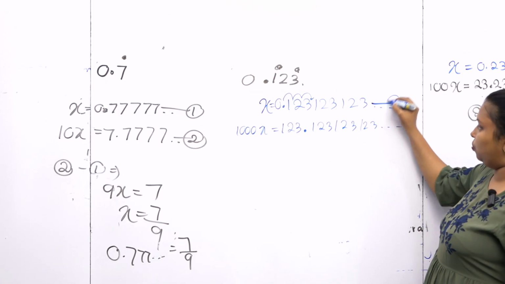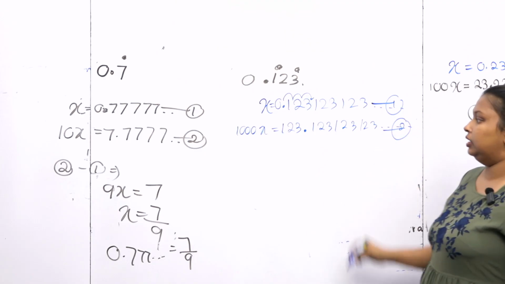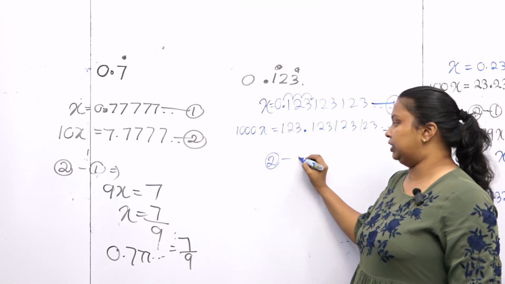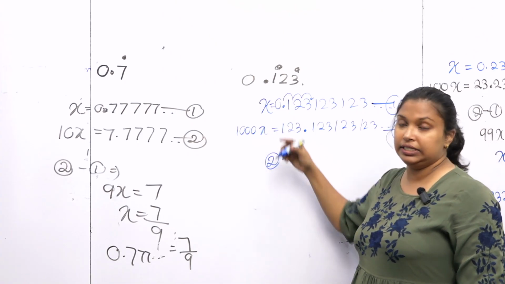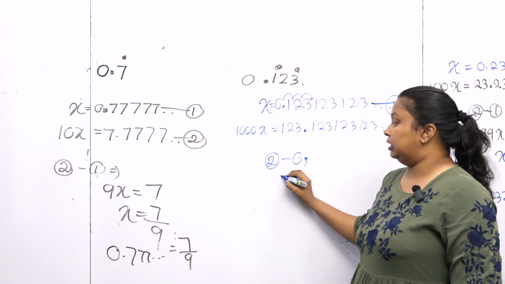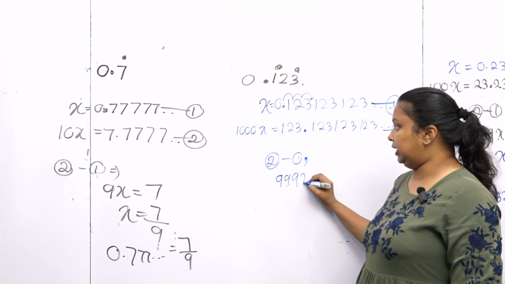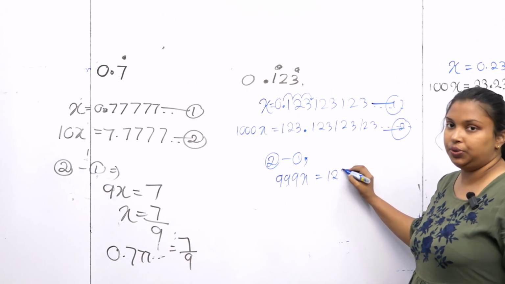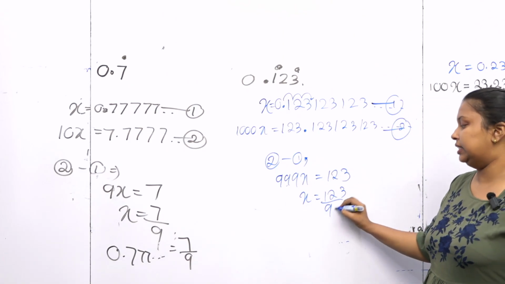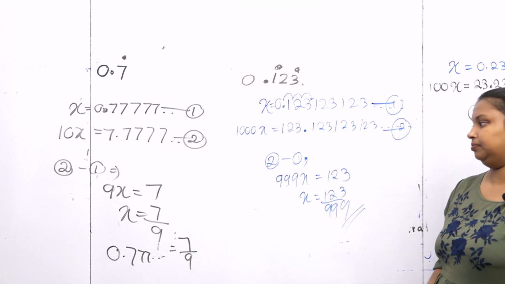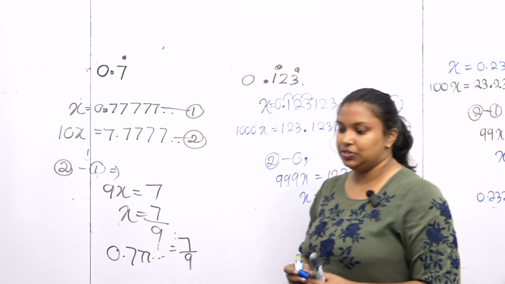This is equation number 1 and this is equation number 2. Subtract them, 2 minus 1. So it is 1000x minus x, 999x, is equal to 123. So x equals 123 over 999. Like this we can find it.